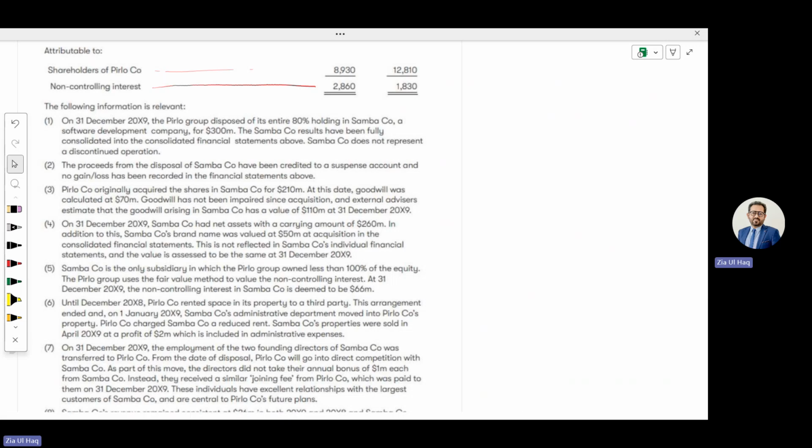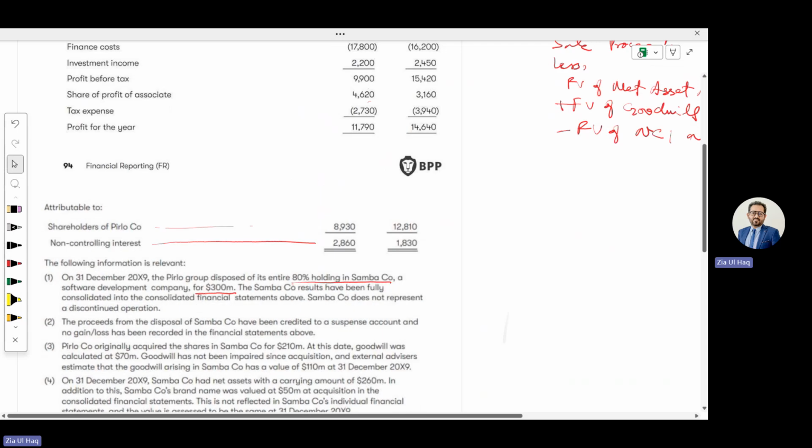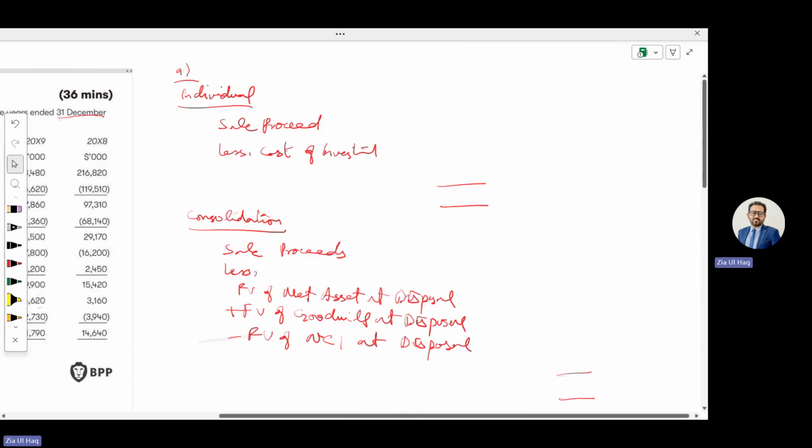On 31st December 20x9, at year end, the Pirlo Group disposed of its entire 80% holding in Samba company, a software development company, for 300 million. So 300 million is what we got as sale proceeds.